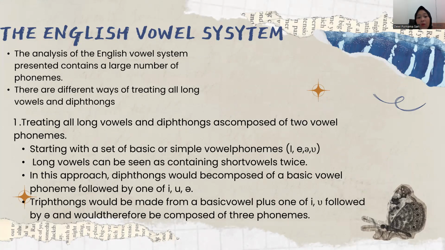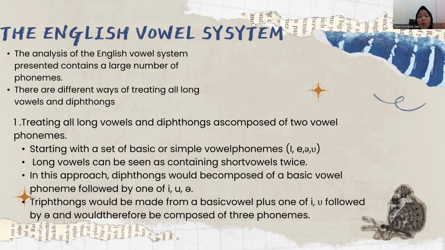Starting with a set of basic or simple vowel phonemes, long vowels can be seen as containing short vowels twice, and diphthongs would be composed of a basic vowel phoneme followed by one of e, u, e.